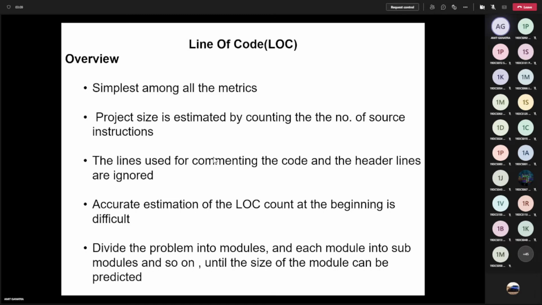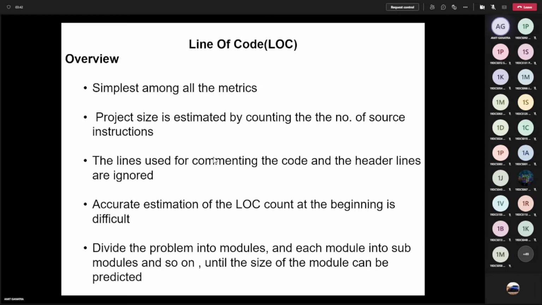Somebody can use more inline functions, built-in functions, library functions, ready-made packages, and due to that your line of code is drastically reduced. Because if you use a pre-compiled module, those lines of code will never be counted in your front end. So that's why it is very difficult to accurately estimate the exact line of code, right? You cannot be 100% correct in this case, because no one can predict exactly how many lines of code are to be written, but it is a rough estimation.